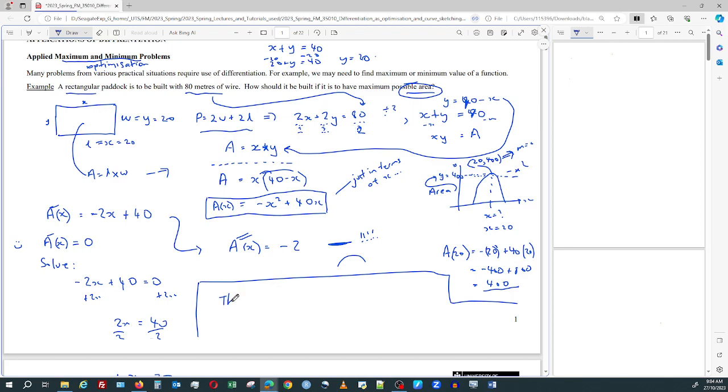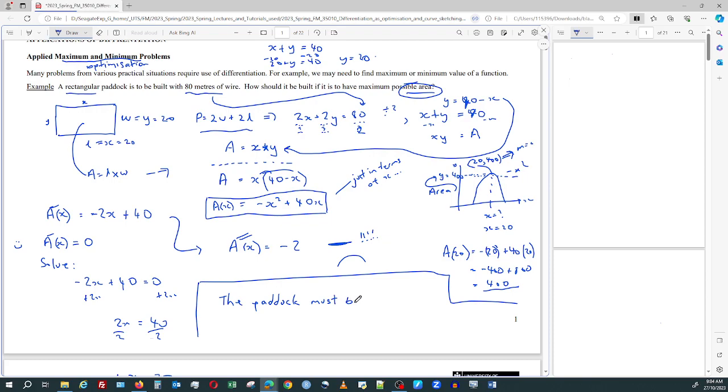The paddock. Just now at the opening part I said there was a bit of a distractor, and the distractor is that the words were rectangle.